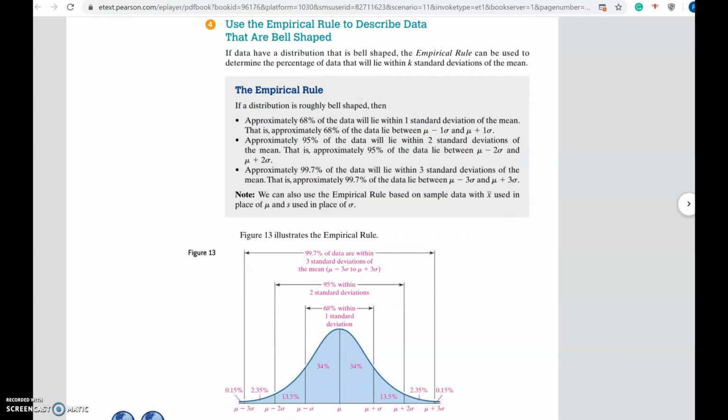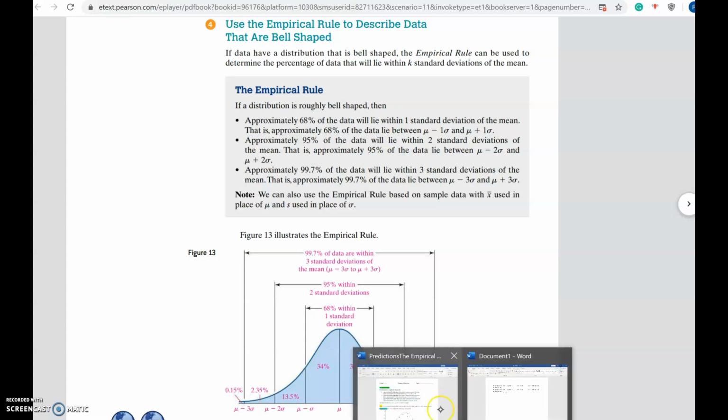The most that you're actually going outward from the mean is a total of 3 standard deviations away from the mean. And by the empirical rule, you have very few data on the actual edges of any distribution.